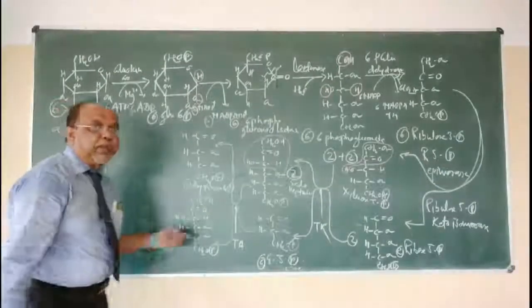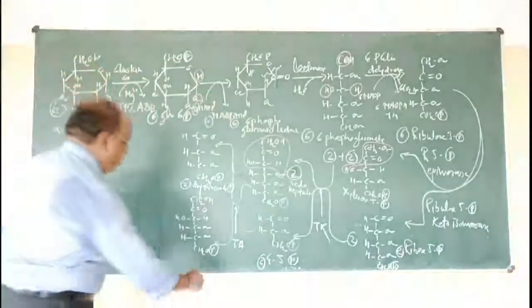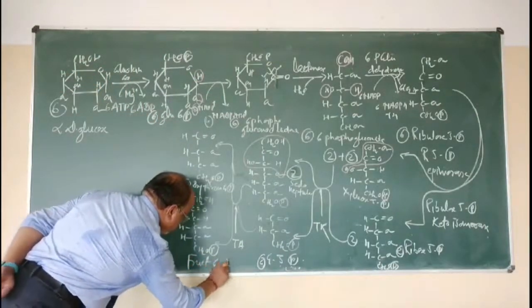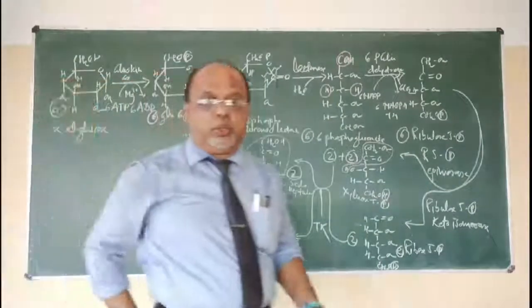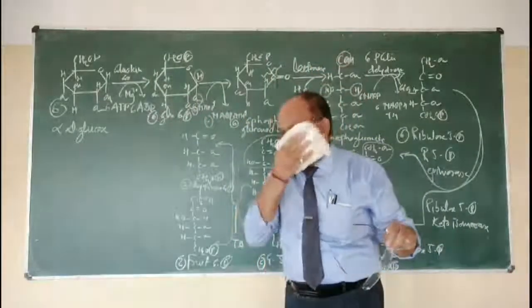This is another familiar structure. If you have studied the EMP pathway, this is known as fructose 6-phosphate. 2 molecules are there. Fructose 6-phosphate. Okay, so 2 molecules of fructose 6-phosphate.